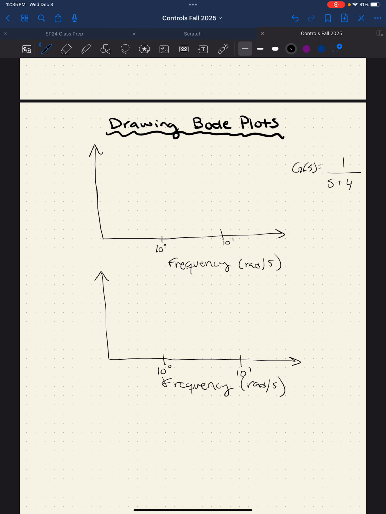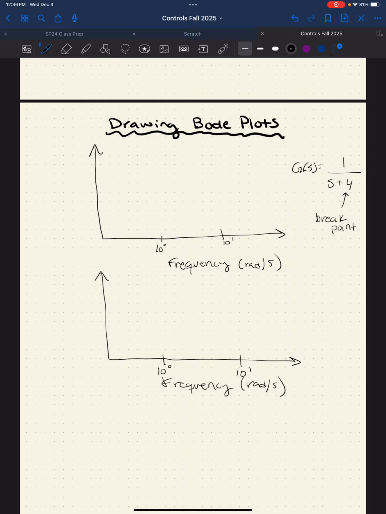So this value here is what we call the break point. Not to be confused with a break-out or break-in point, which is for the root locus. Those are different things. This is called a break point, and it tells us a particular vertical line that we're going to be interested in.